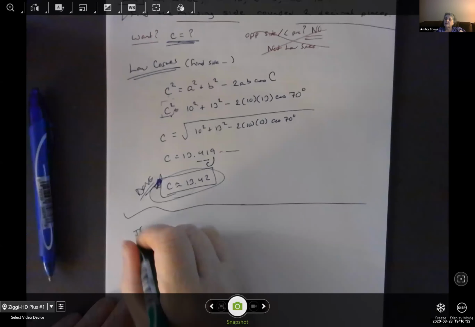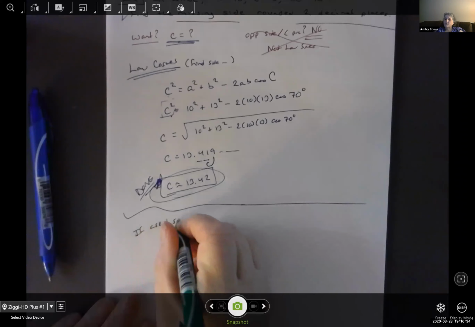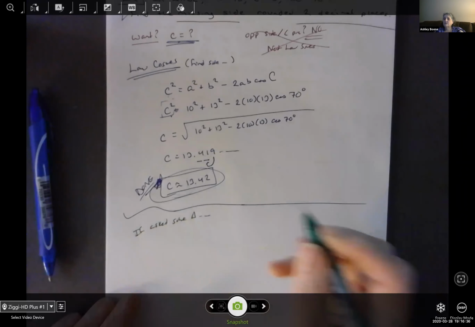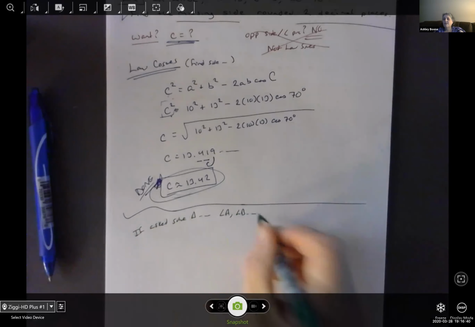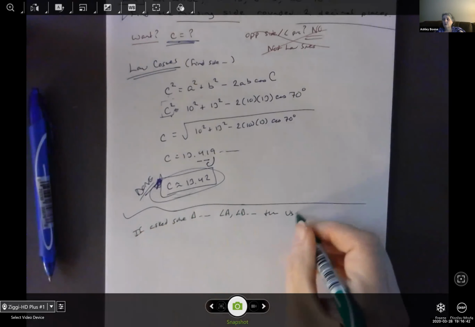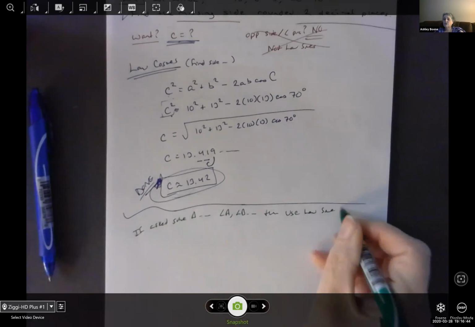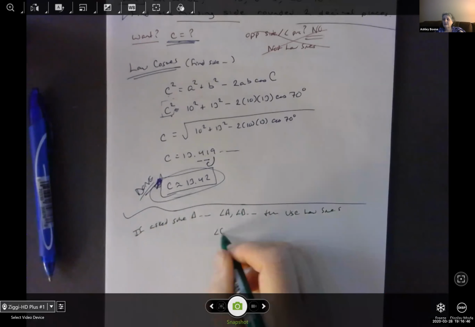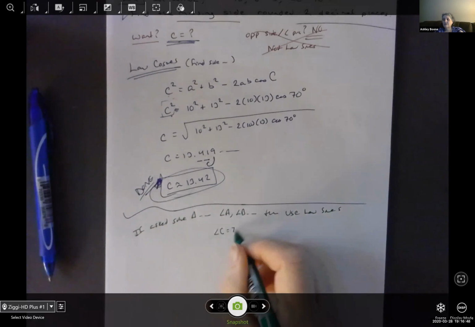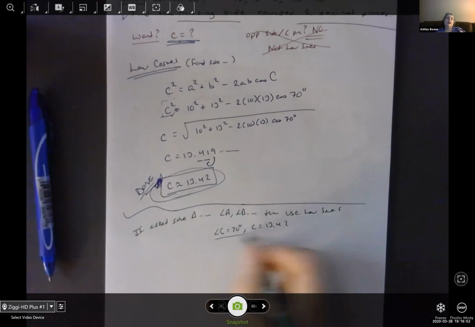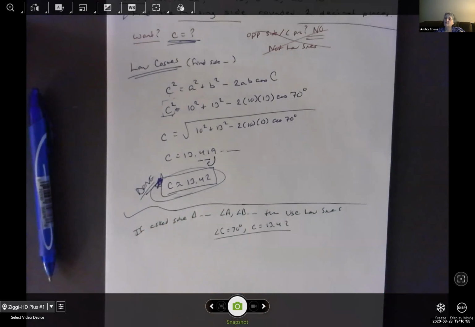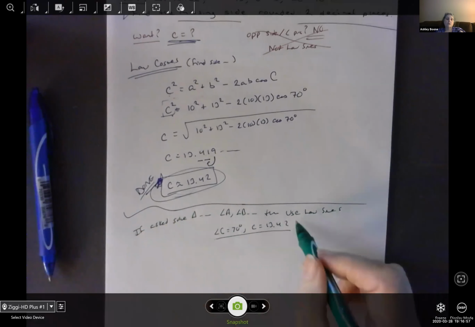If you were asked to solve the triangle and you also needed angle A and angle B, then you could use your law of sines, because you know angle C is 70 degrees, and now you know side C is 13.42. So you have an opposite angle-side pair, and you could continue to solve using the law of sines.